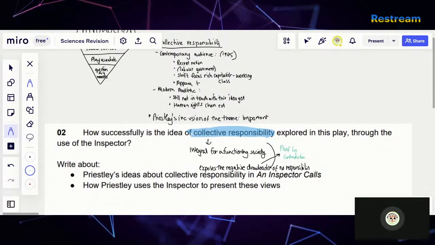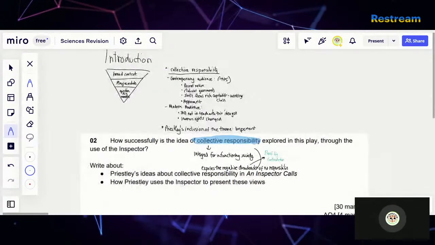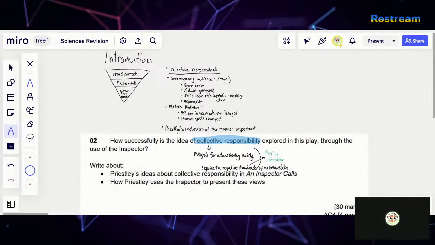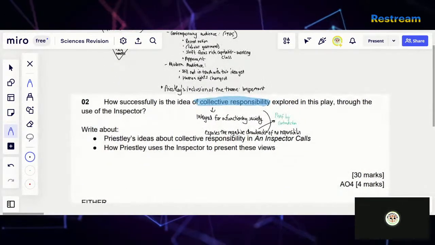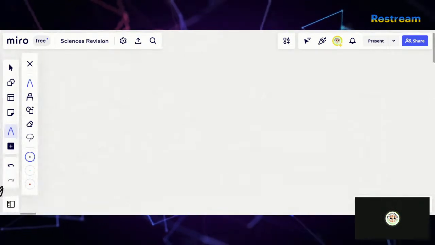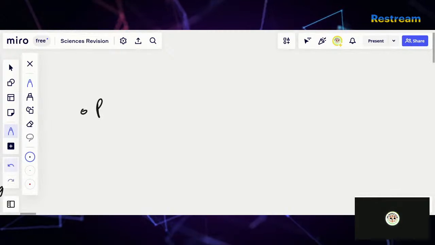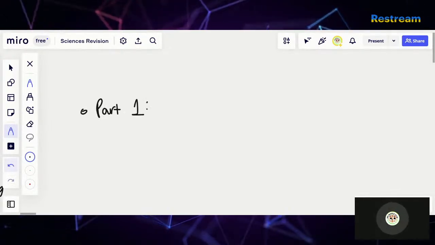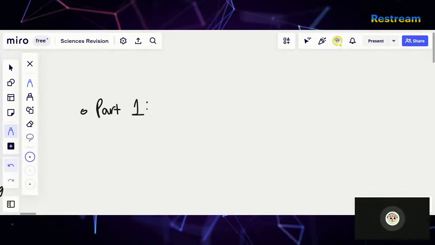Now we've discussed an introduction, we've delved into the topic. Now it's time to plan out an answer. So as we said, we always like to go for the 3-part answers. Now I would refrain from saying 3 paragraphs because you can use multiple paragraphs per point or per part if you want.